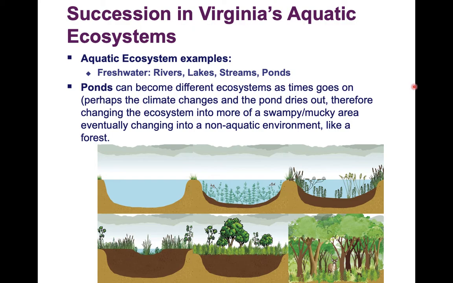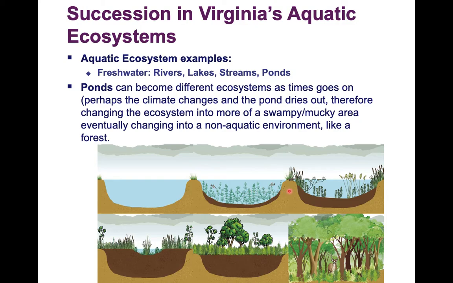So where do we see succession in Virginia's aquatic ecosystems? Some examples of aquatic ecosystems include freshwater rivers, lakes, streams, and ponds. Keep in mind that succession can also happen in aquatic environments, and we see it happening in ponds. Here we see a pond. As time goes on, perhaps there's some climate change, something that will make this pond dry out.